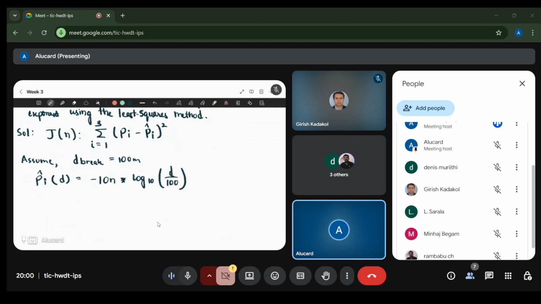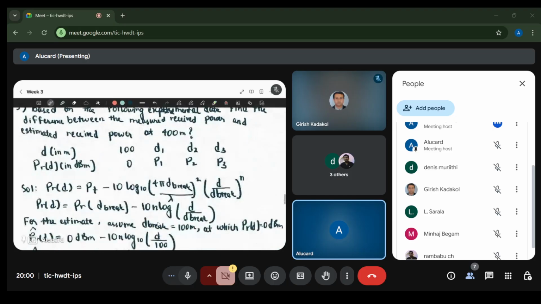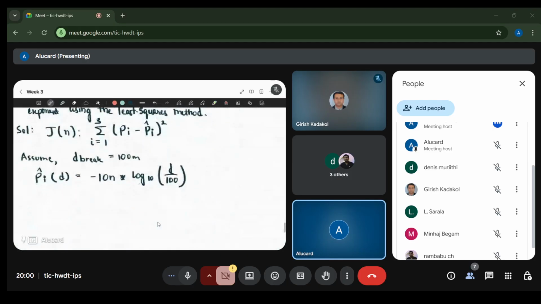So you do this for i equal to 1 to 3, whatever values are given for D1, D2, D3 and P1, P2, P3.